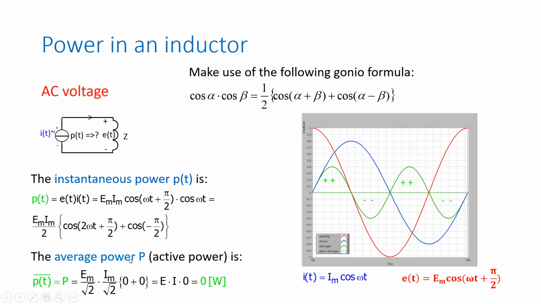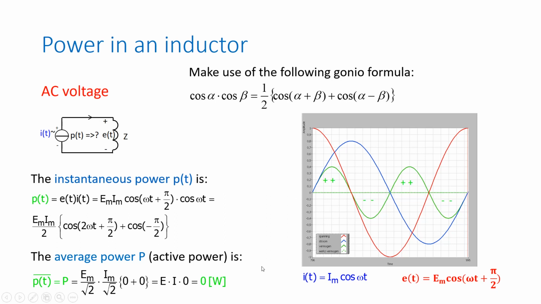So my average power is the RMS voltage times the RMS current times 0, which equals 0 watt. And that is what we see in this graph. So, summarized, when a pure inductor is connected to an AC voltage or current source, my average power is equal to 0 watt. Okay, that's quite the difference with respect to the resistor.